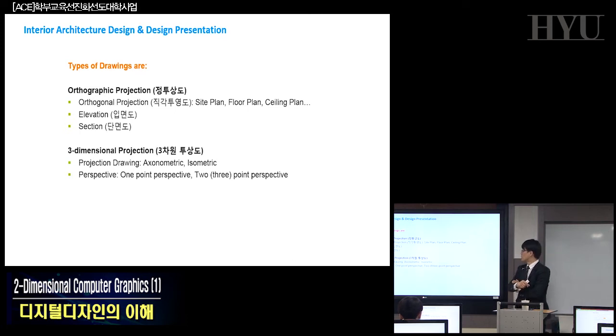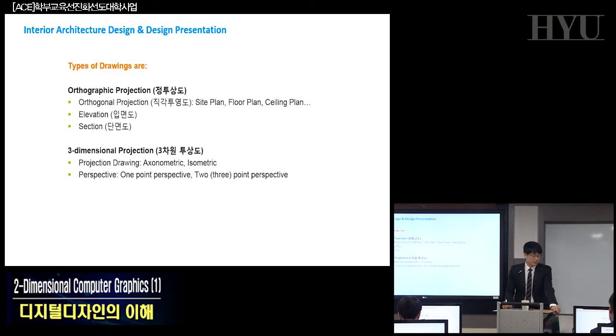In orthogonal projection, you may find site plan, floor plan, ceiling plan, and any type of floor plan and similar documents. Elevations and sections are also within this classification. Next one is 3D projection drawing: axonometric, isometric, and a number of possible different perspectives.